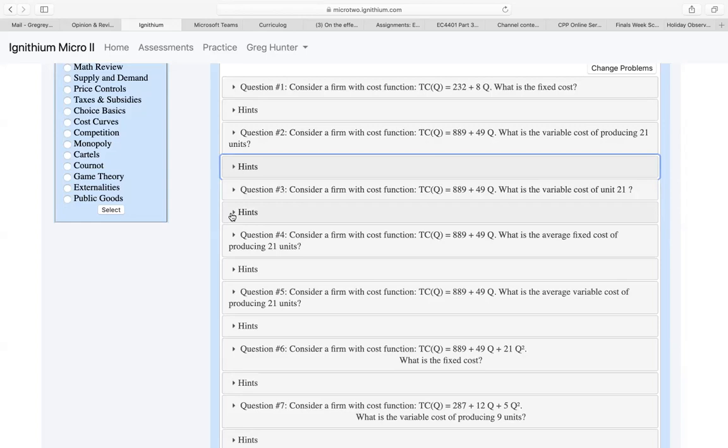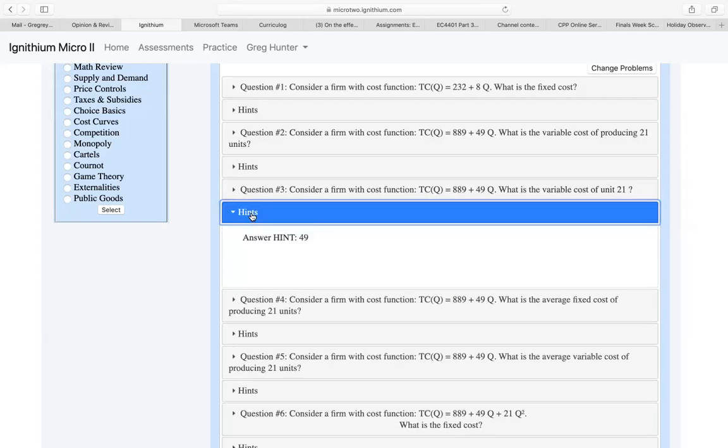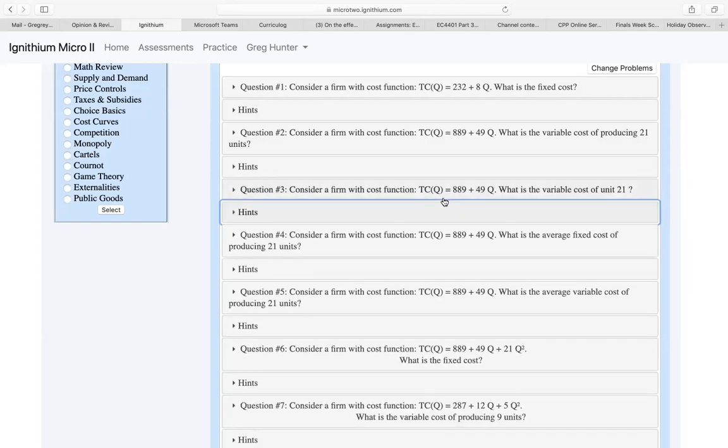You could just take the derivative with respect to Q. And Q disappears, Q goes to the 1, and then you just get 49. The derivative with respect to Q is the definition of marginal cost. But one of the big ideas in this section is the relationship between marginal cost and variable cost.